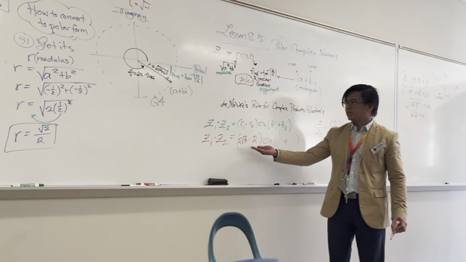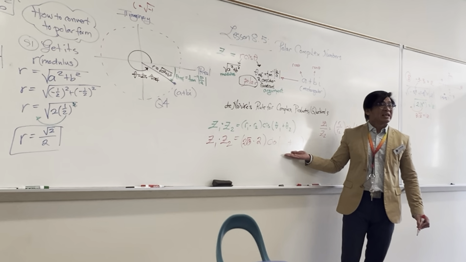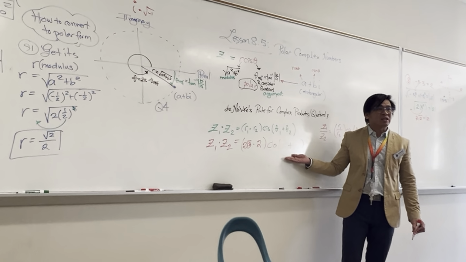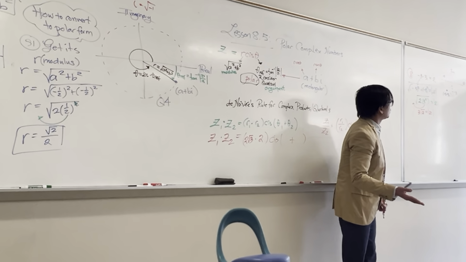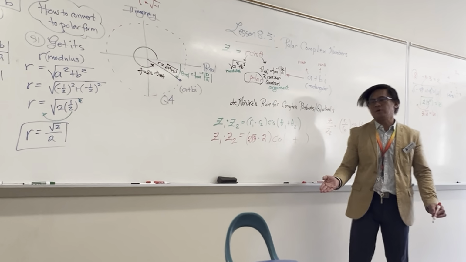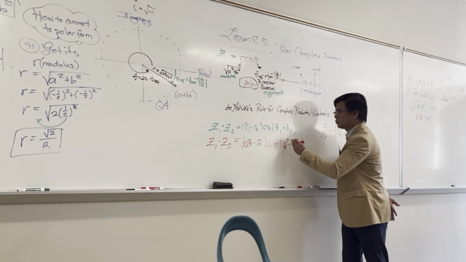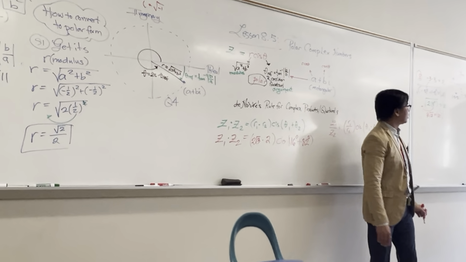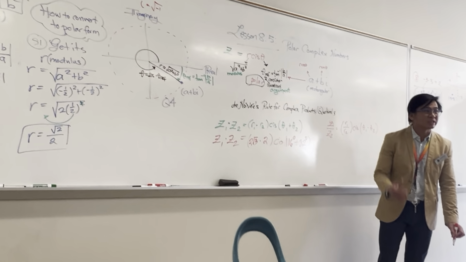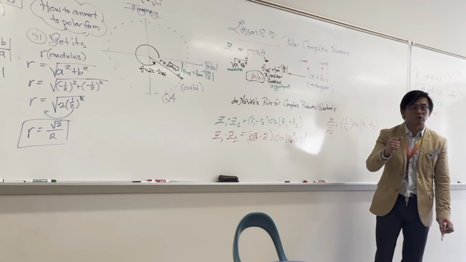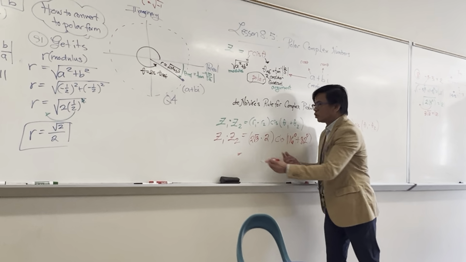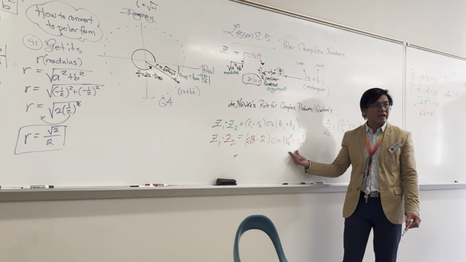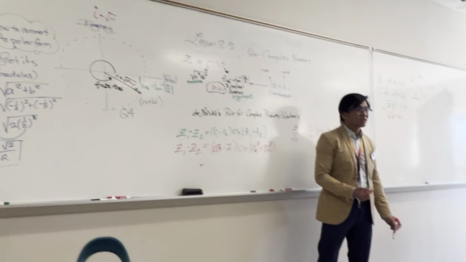Now, if you multiply the moduli, the arguments, you're going to add them up. So what are the angles in there? It says 116 degrees, so this is in degrees already, and 82 degrees, added together. As simple as that. So when you're multiplying, you multiply the moduli, you add the angles or arguments.